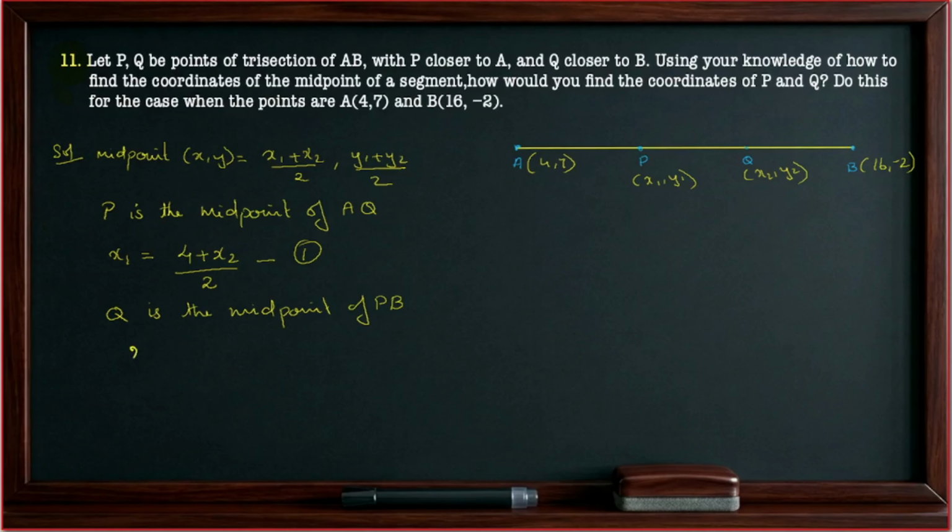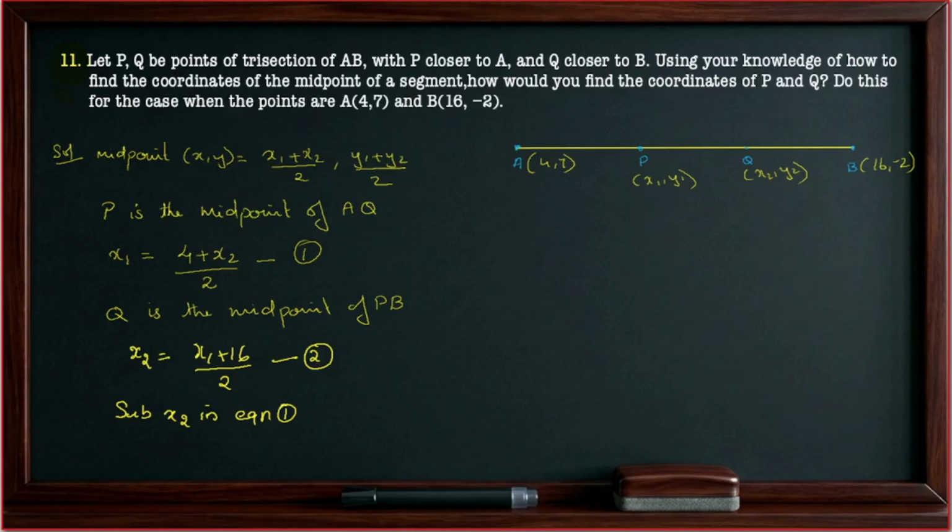So we can write x2 is equal to, the x coordinate of P is x1 and the x coordinate of B is 16. So we can write this as (x1 + 16)/2, and this is equation number 2. So if we take this x2 and substitute in x1, we will get the value of x1. Okay, so substitute x2 in equation 1.